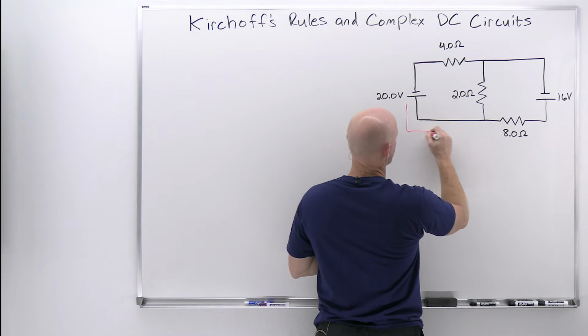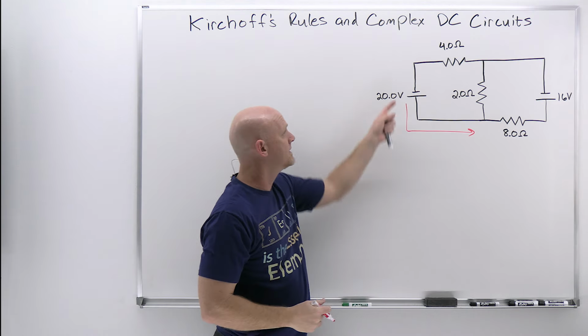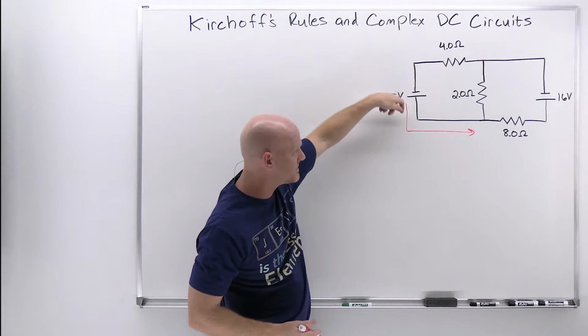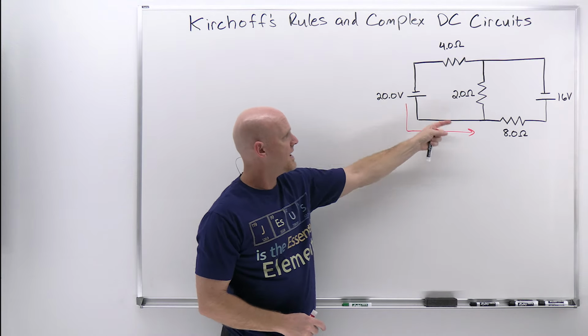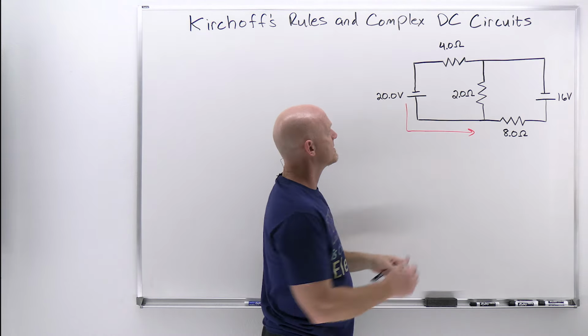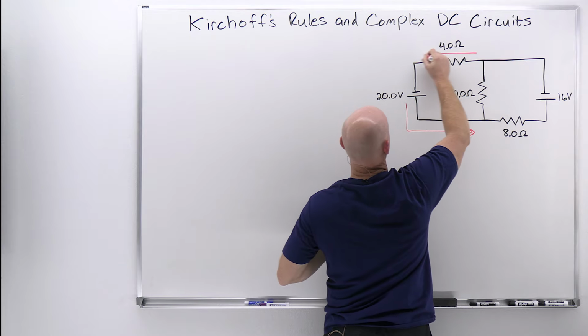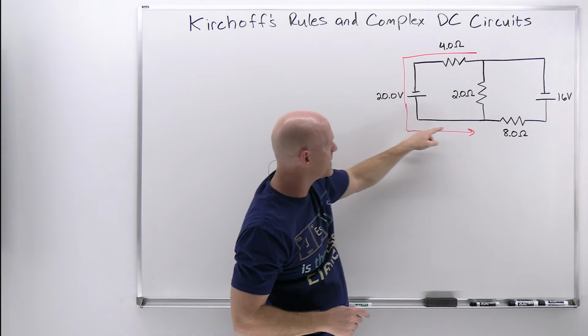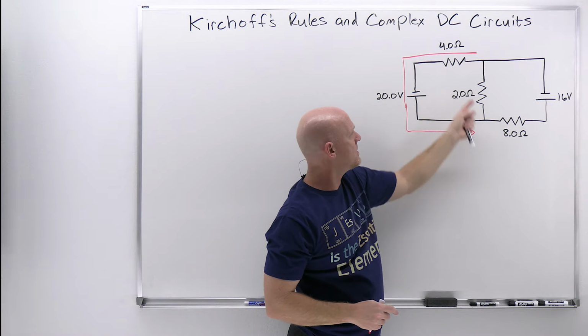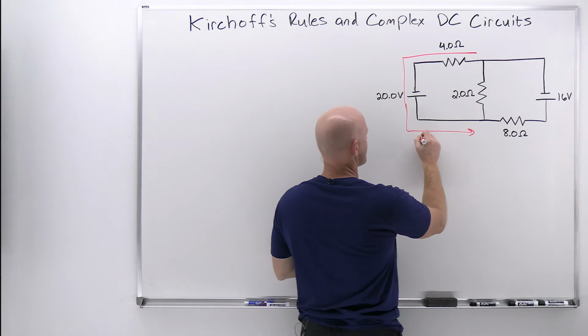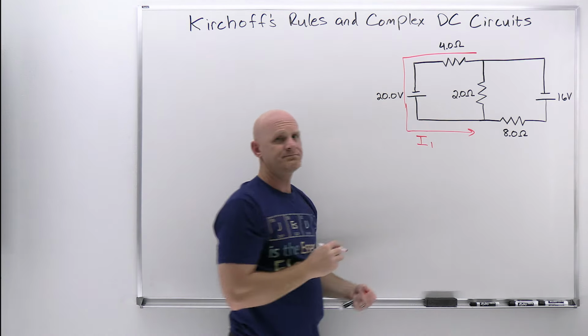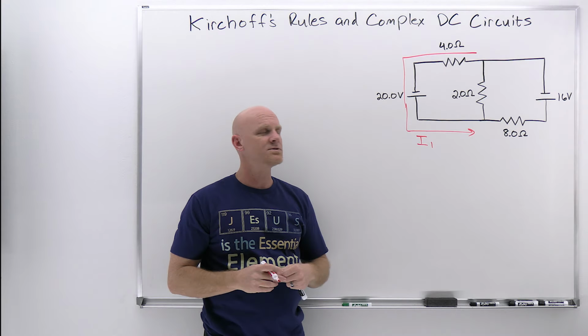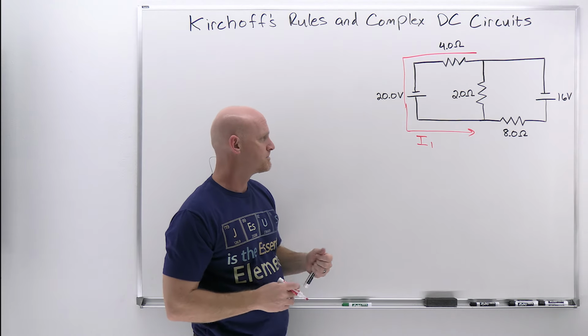In this case, I'm going to have the current flow from negative to positive terminal flowing through here. And notice it's not just from the battery out, but this whole part of the circuit is one common current flowing all the way from this junction to this junction. Let's just call that I1. We could have called it anything, but it's common to use I1, I2, I3, that sort of thing.